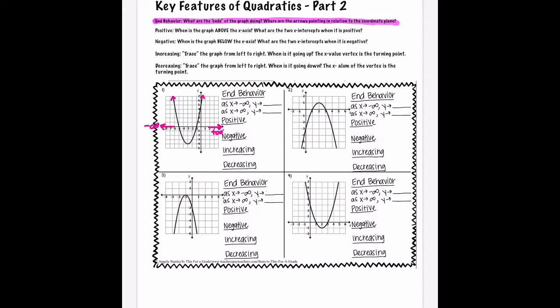So for example number 1, we have that this quadratic on the left arrow, or on the left-hand side of the graph, it is moving up. And since this is the leftmost part of the graph, that means x is going to negative infinity. And since it's going up, that means that y is going to positive infinity.